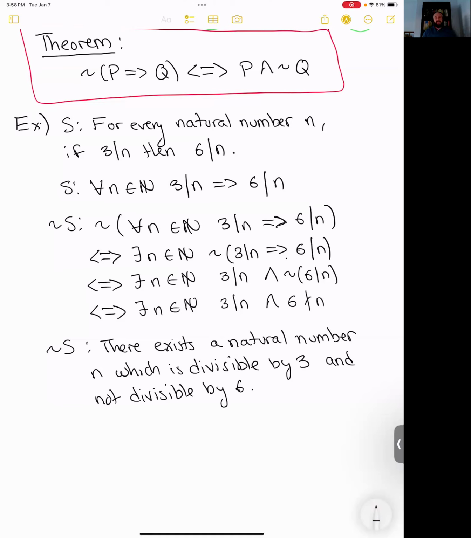And of course, that is true because, again, 9 is the number that exists so that it's divisible by 3 but not divisible by 6. Good. So this logically equivalent statement, that not of an implication is the same as P and not Q, is going to be very important when we do proofs by contradiction later. So that's one of the reasons why we need that logical equivalence.